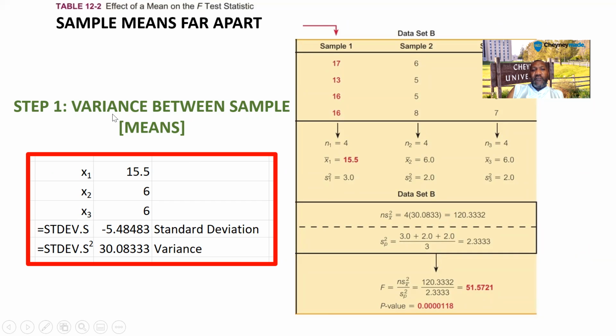We're going to do step 1, variance between sample means. I added that, variance between sample means, right? So we're going to get these 3 means. We calculate the variance, and when we calculate the variance, we're going to get this value right here. And then we calculate the variance by squaring the standard deviation.